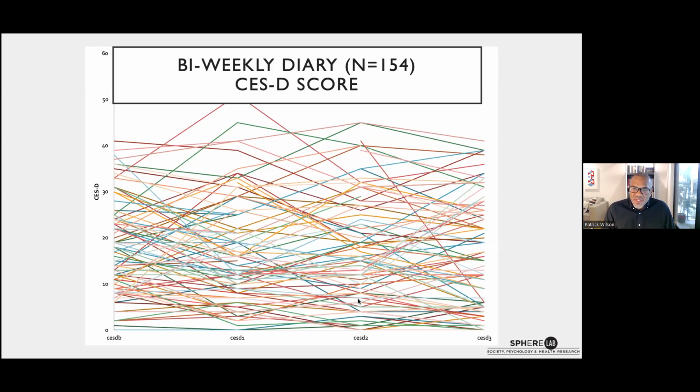Even thinking about things like depression, which has largely been measured in psychological and health research using the CESD, the Center for Epidemiological Studies Depression measure, very well validated, used in a global context. But it's also a measure that primarily focuses on thinking about depression or mental health as a somewhat static person-level measurement.